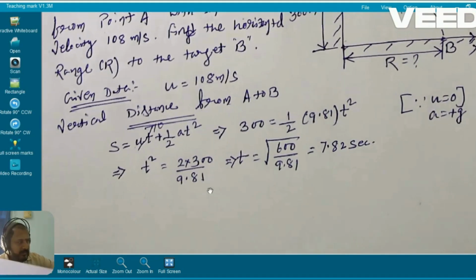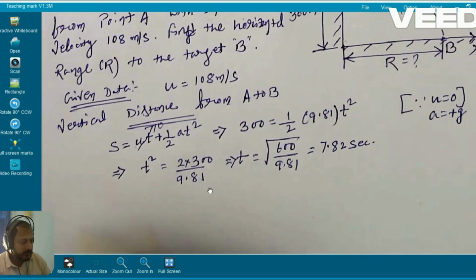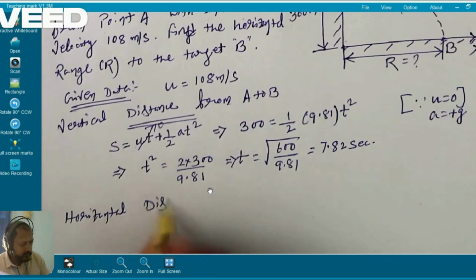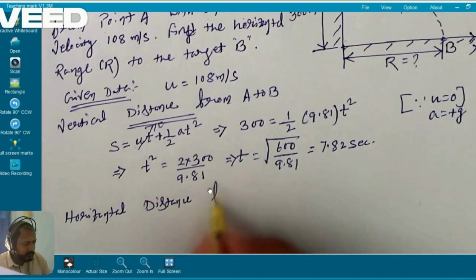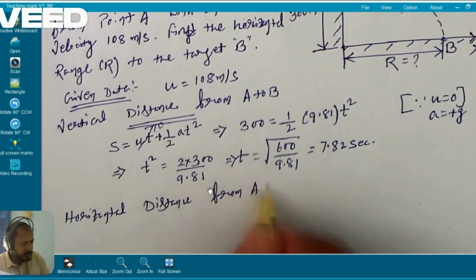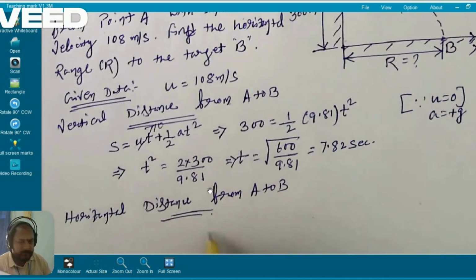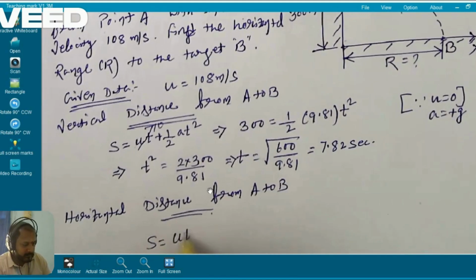Now the second part is, we will calculate the horizontal distance from A to B. Horizontal distance from A to B. So when you are calculating the horizontal distance, okay, we will use the same equation, S is equal to ut plus half at square.